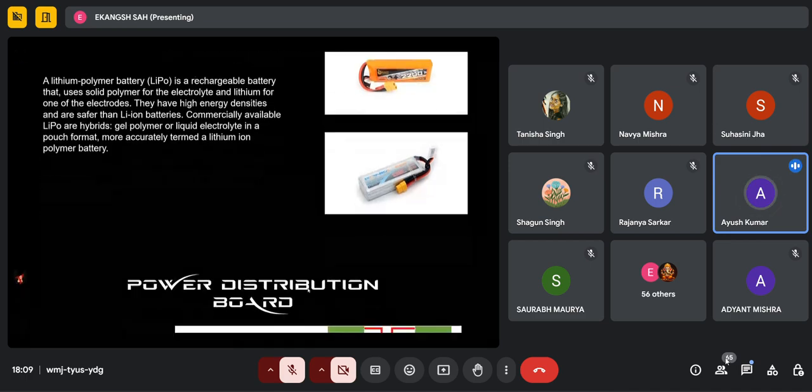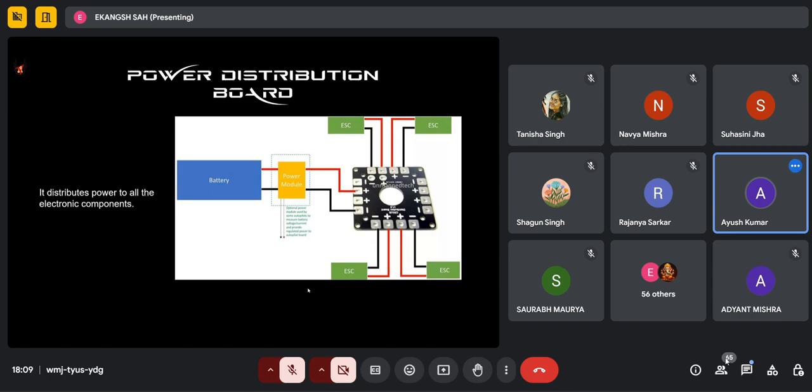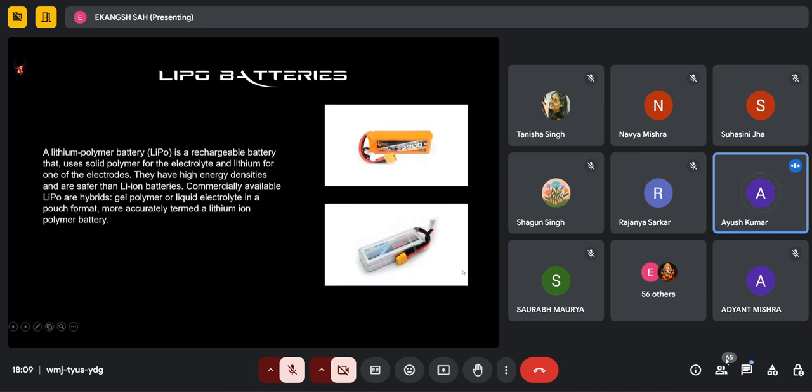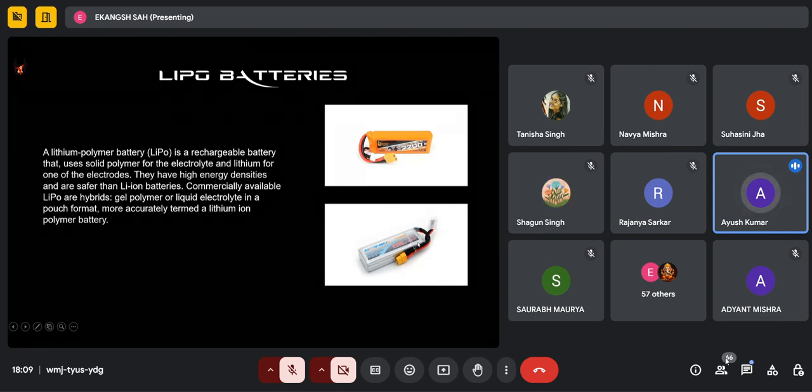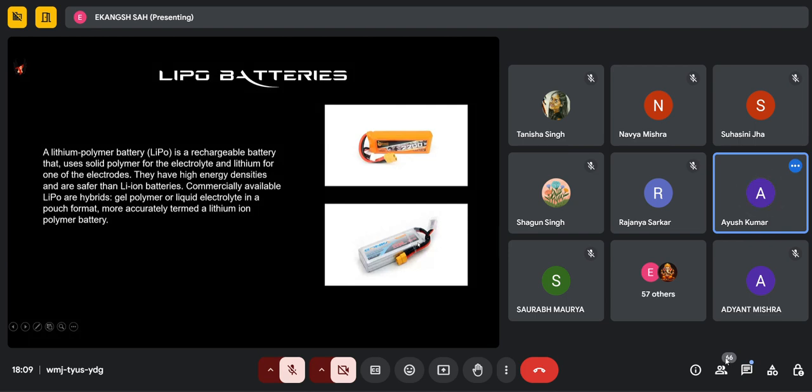Now there is an S symbol in the same slide. Yes. So on the battery, there is one notation which is given by S. S denotes series. So if 3S is written, it represents that three cells are connected in series, and each of the cells is equivalent to 3.7 volt.